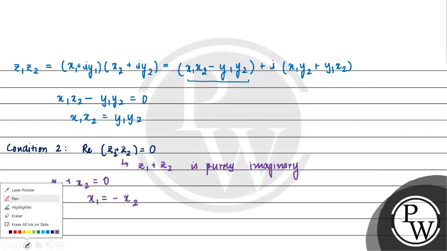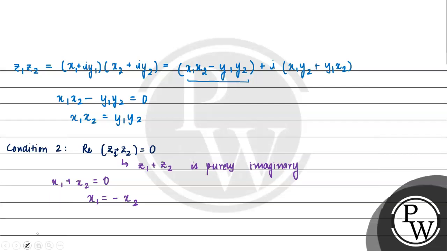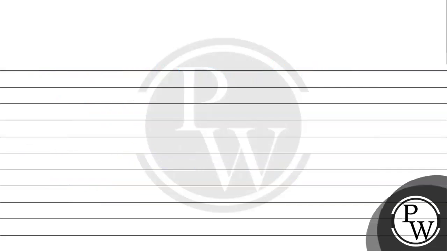So from the equations x1 x2 is equal to y1 y2 and x1 is equal to minus x2, we can substitute it and we'll get minus x2 multiplied by x2 is equal to y1 y2. So minus x2 square is equal to y1 y2.